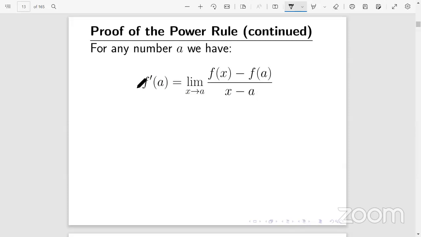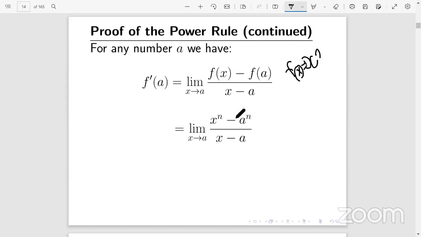So this is the definition of a derivative at a point. Our function is x to the power n, so this is our f of x. Now f of a means that whenever we see x, we substitute a, so it becomes a to the power n. In the denominator, we have x minus a.